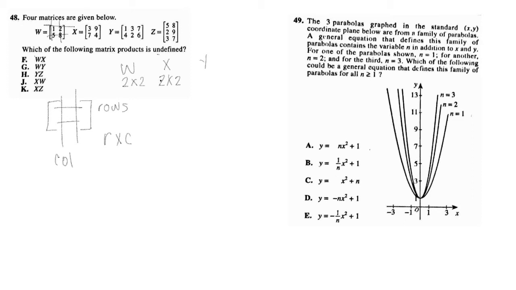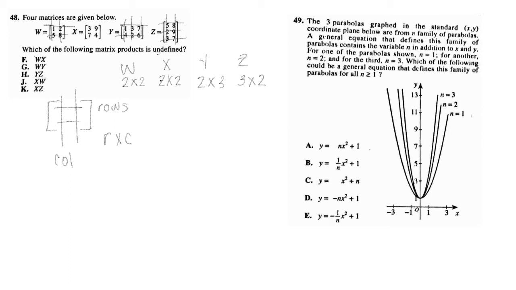Now Y is a little different. Y has 2 rows still, so that's good. But the number of columns, you have 1, 2, 3. So it's a 2 by 3. And then for Z, let's see, with Z, you've got 1, 2, 3 rows. And you have 2 columns.